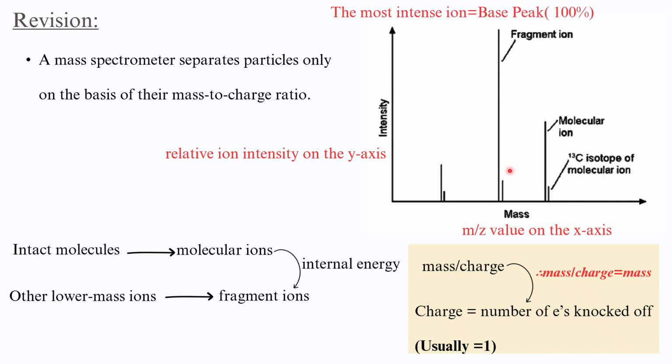Now the highest peak, as you can see over here, is the most intense peak in the mass spectrum, and this is called the base peak. And we call this base peak 100%, formed from the most stable carbocations. Okay, so this is how the mass spectrum is obtained, and this is what we learned in the previous session.